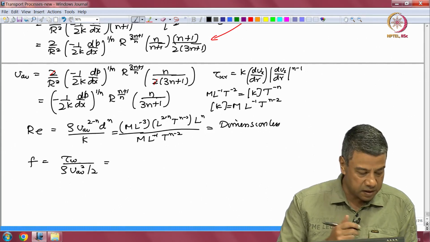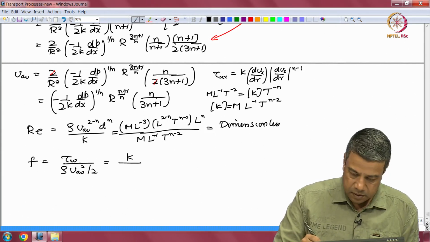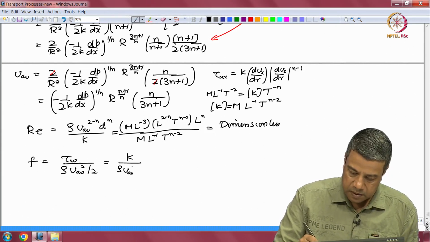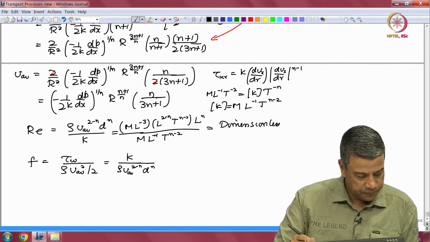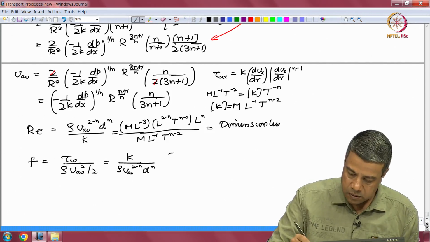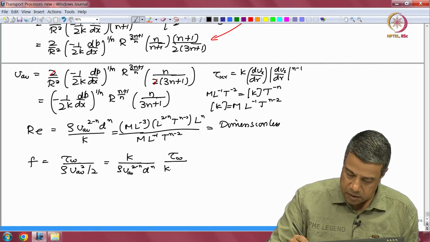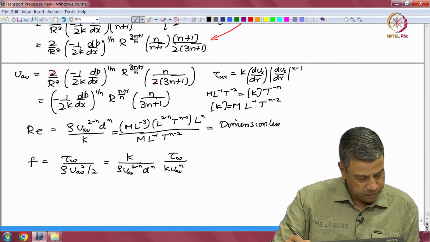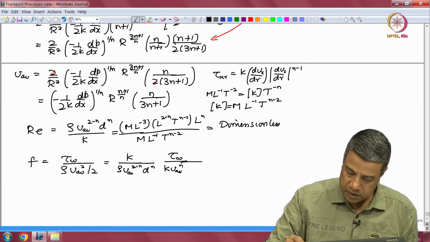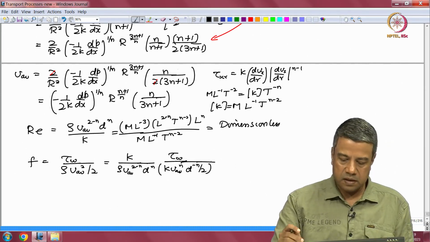So, I can rewrite this as k by rho v average power 2 minus n, d power n, into tau w by k v average power n, d power minus n by 2. I have just done a rewrite here.